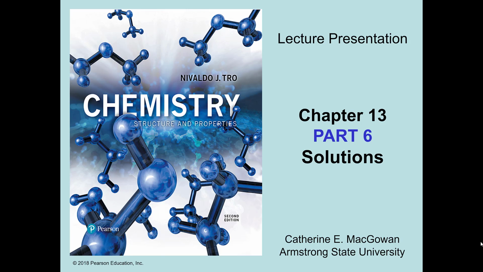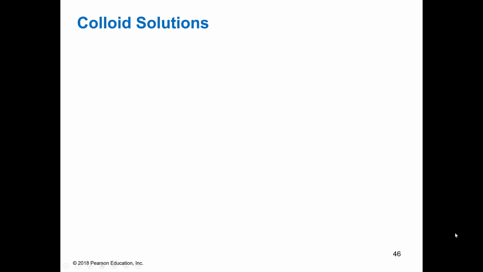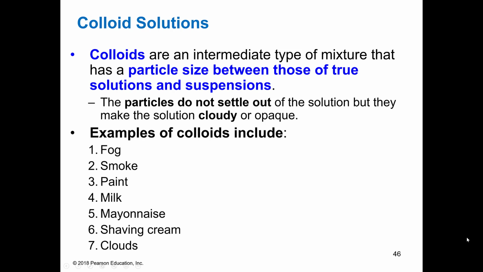And what I'm going to be discussing in this part are colloids, characteristics of colloidal solutions. You may not realize it, but you've probably seen a lot of colloids. Colloids are basically particles in a solution that don't fall out of solution; they're suspended there.